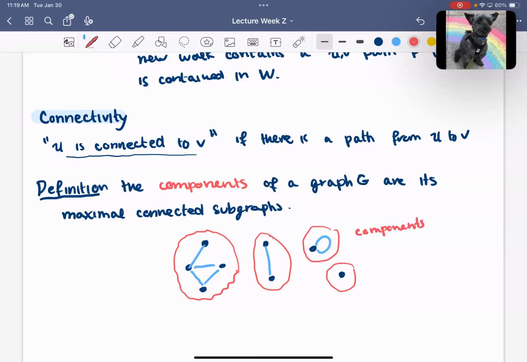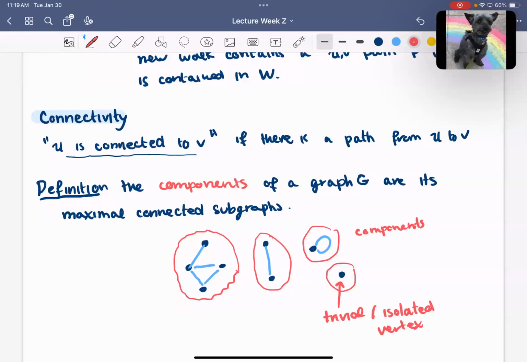And we'll say that a component is trivial if it has no edges, and that's also called an isolated vertex. This is a trivial component, an isolated vertex. Okay, does this make sense for what components are?